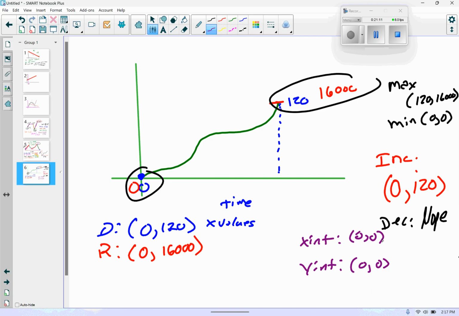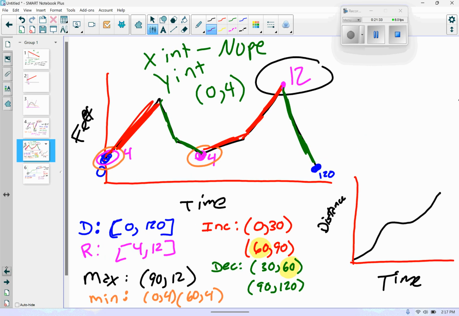All right. So looking at the backside, it says Sierra looked at the data collected by her two friends, made several of her own observations. Explain whether you agree or disagree. Okay. The depth of the water increases and decreases through the whole river. So she says the depth of water increases and decreases through the 120 minutes.